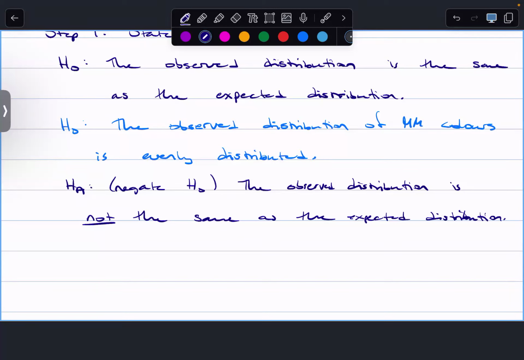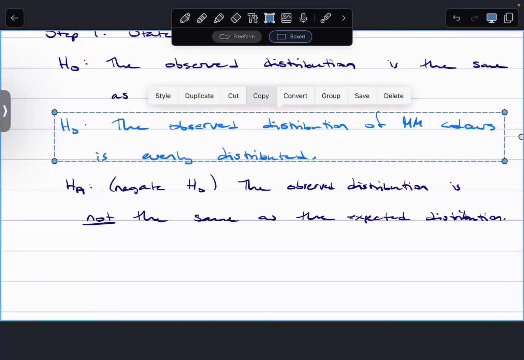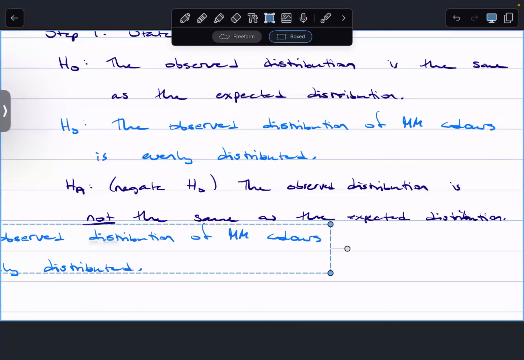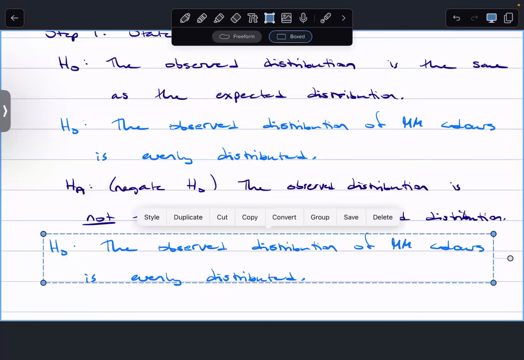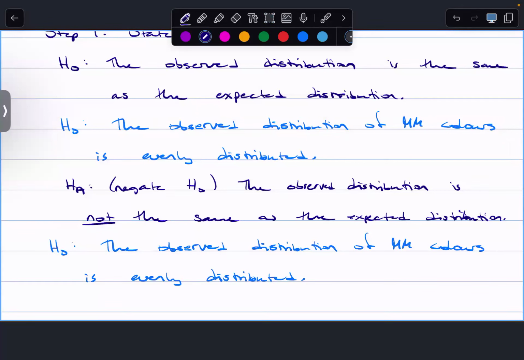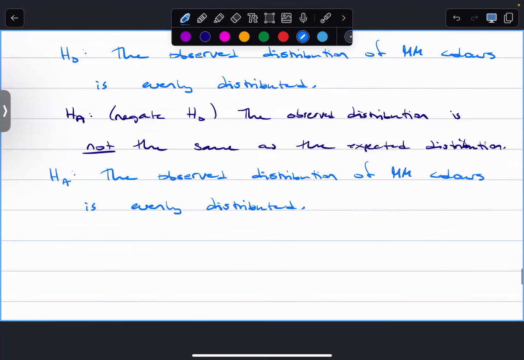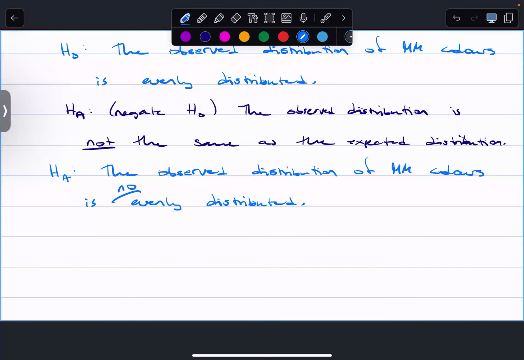So then our alternative: if we have evidence against H naught, then HA says that the observed distribution of M&M colors is not evenly distributed.